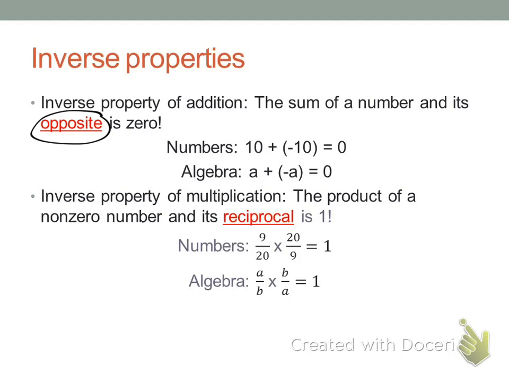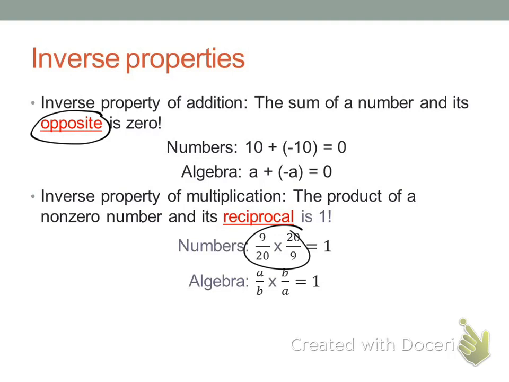All right, now with multiplication, take any number, multiply it by its reciprocal. What does reciprocal mean? Anybody know? Reciprocal means the opposite. I flip the fraction. So if I have 9/20, the reciprocal of 9/20 is 20 over 9.